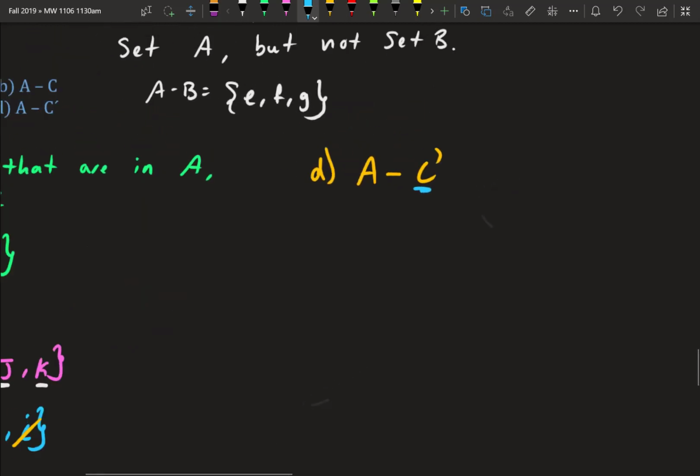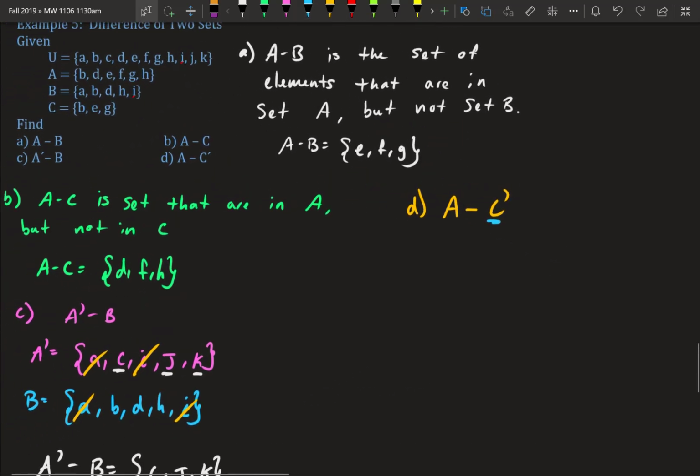The complement of C is whatever's in the universal set that isn't in C. In C we have B, E, and G, so everything else is the complement: A, C, D, F, H, I, J, and K.